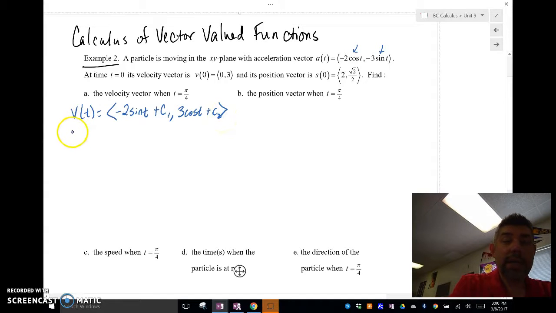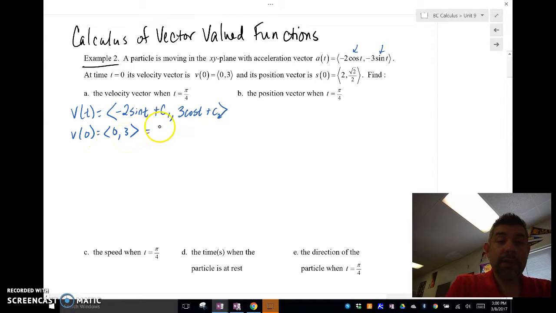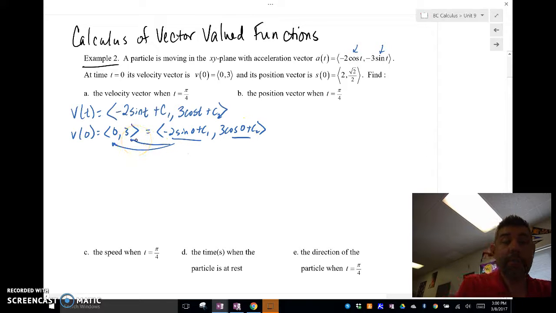Then I know that v sub 0 is 0 comma 3. So I'm going to set that equal to -2 sine of 0 plus c1 and 3 cosine of 0 plus c2, setting each equal to each of the components.